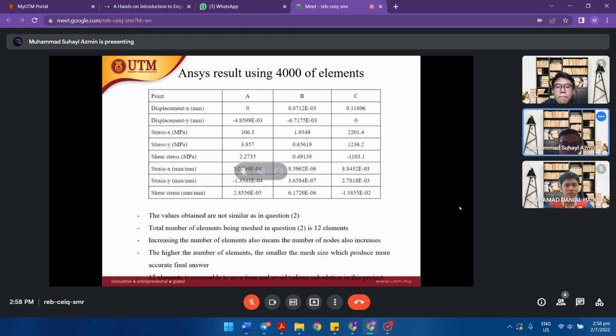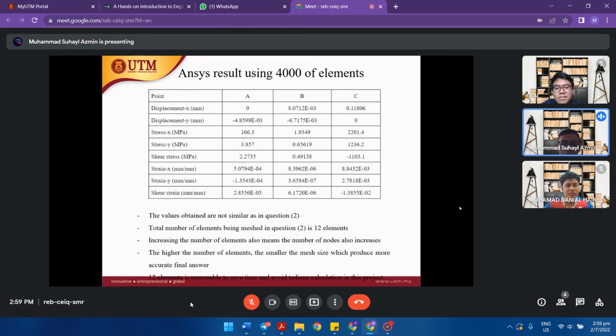Based on this table, the values obtained are not similar when compared to question number 2. This is because in question 2, we discretize into 12 elements, while in this table we discretize into 4,000 elements.